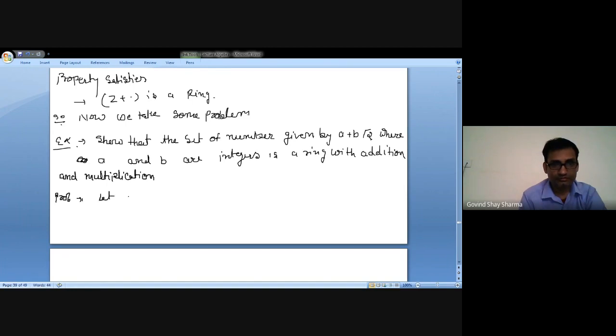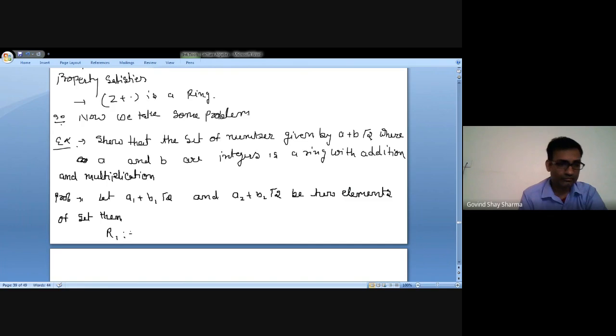Now let R be that set. Then R is an abelian group.